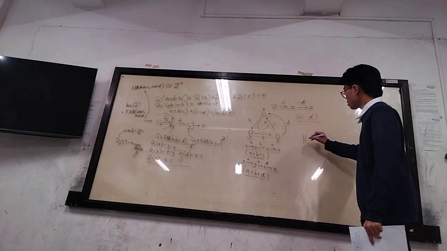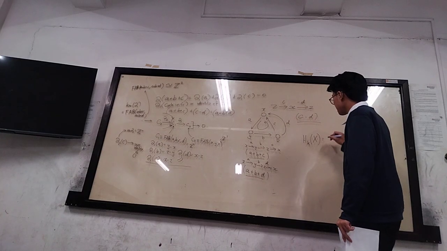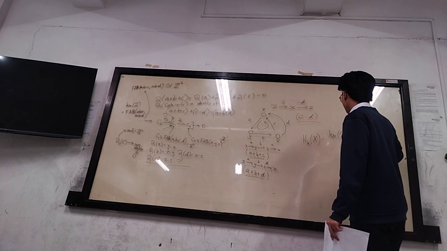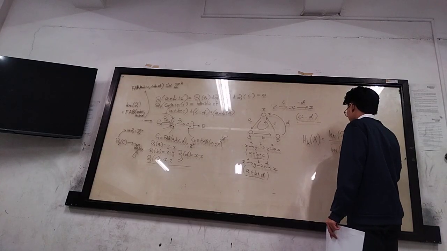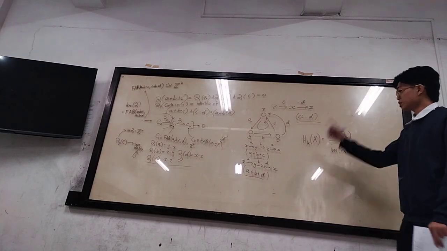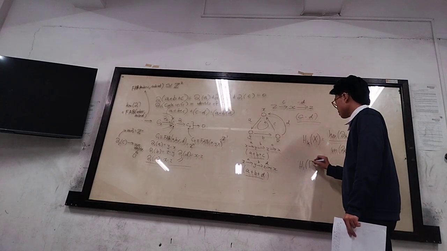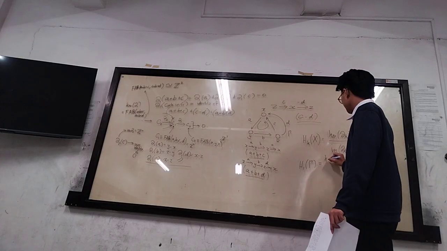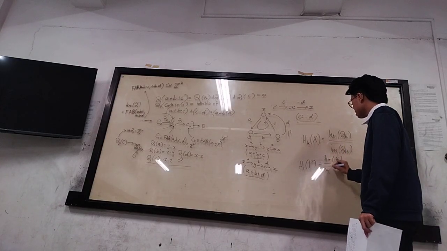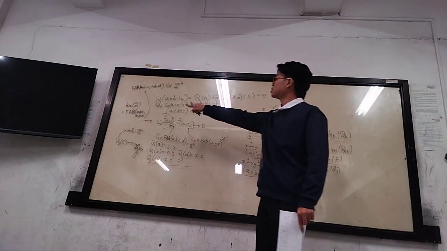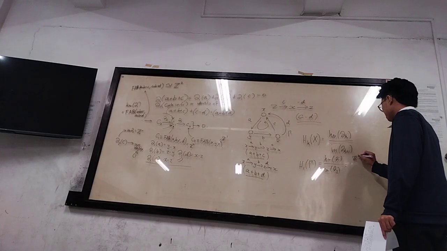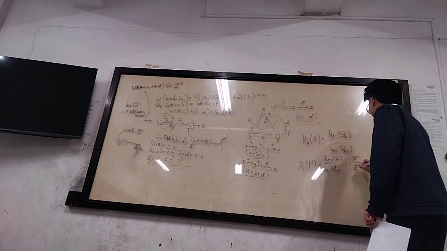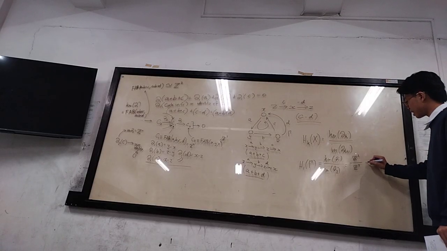So my first homology group is isomorphic to Z2.